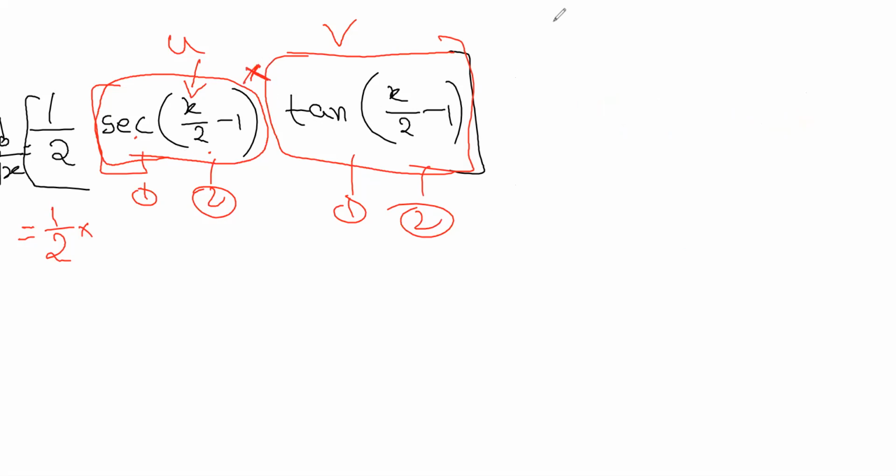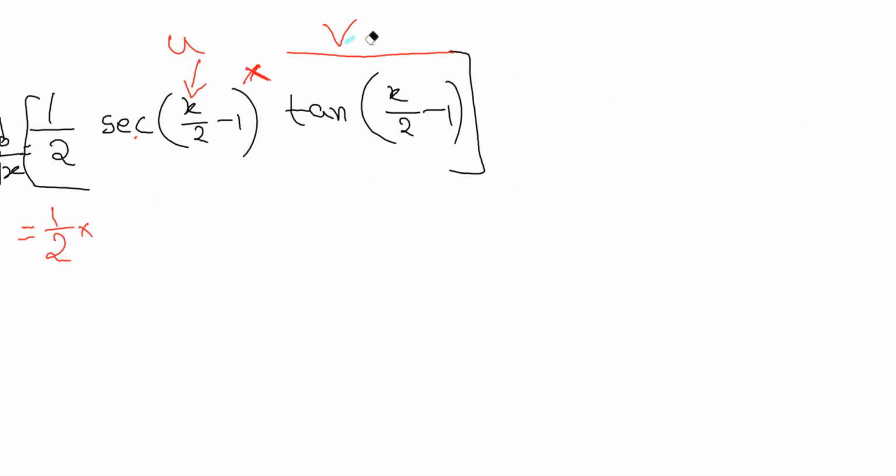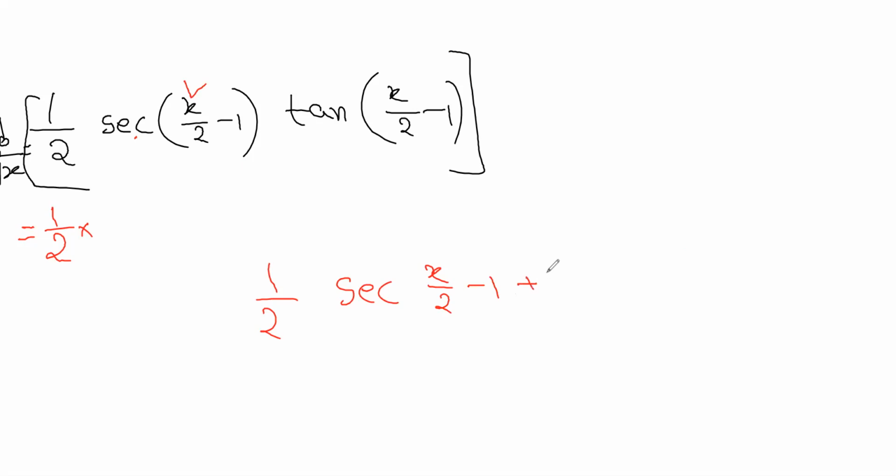Let us suppose, see this one. Observe the difference between the next question that I am writing. Same thing, half of secant of x by 2 minus 1 plus tan of x by 2.